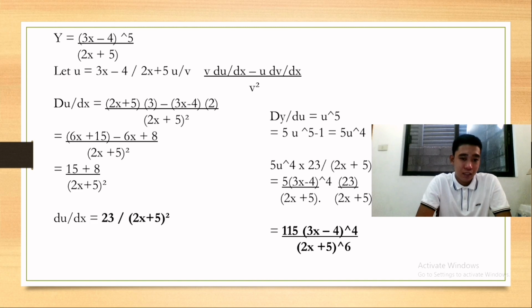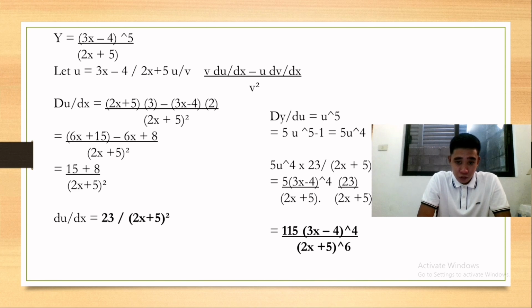Kaya magiging sagot ay 3 times 2x, 6x, tapos 3 times 5, 15, 6x plus 15, tapos minus 2 times 3x, 6x, tapos 2 times 4, 8. Kaya 6x plus 15 minus 6x plus 8. Tapos yung denominator remain the same lang. Tapos 15 plus 8 over 2x plus 5 squared. Du over dx equals 23 over 2x plus 5 squared. Final answer kasi 15 plus 8.